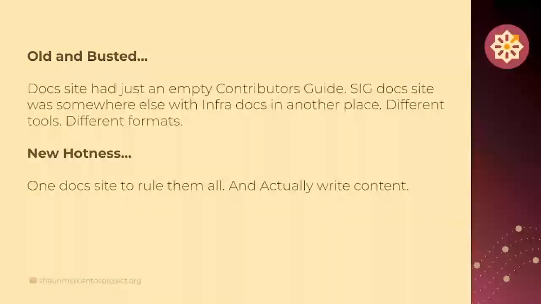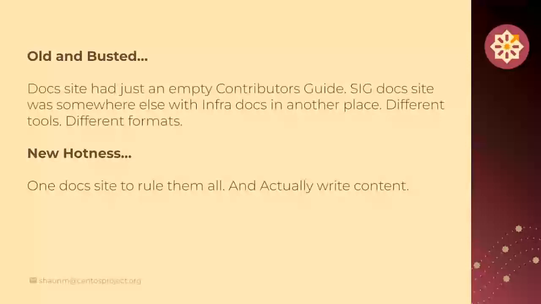Old and busted: our doc site only had a contributor's guide, and it was mostly empty. So it wasn't terribly useful. There was some old contributor information on the wiki, which we took down about a year ago. The SIG docs were actually pretty good.